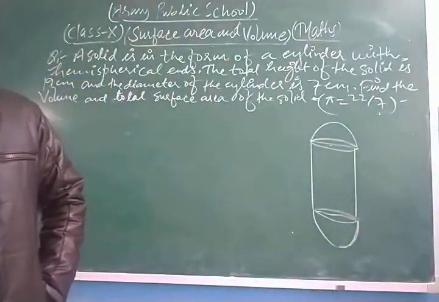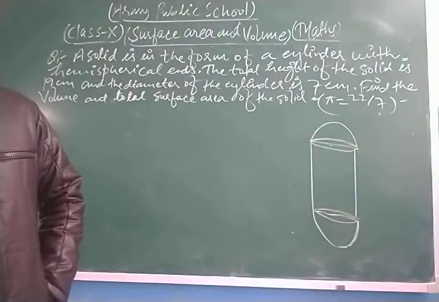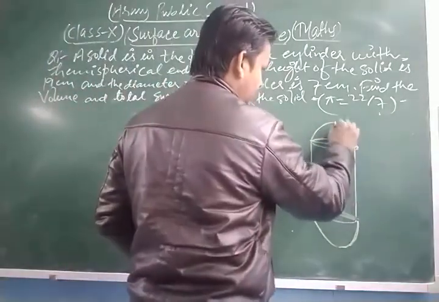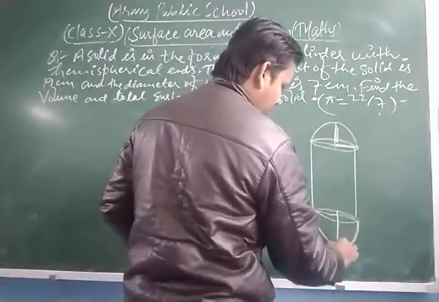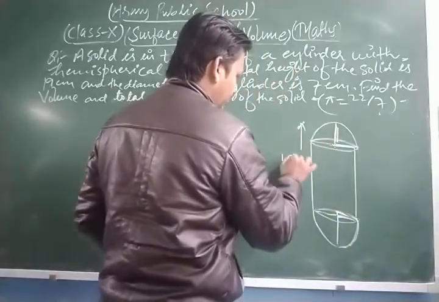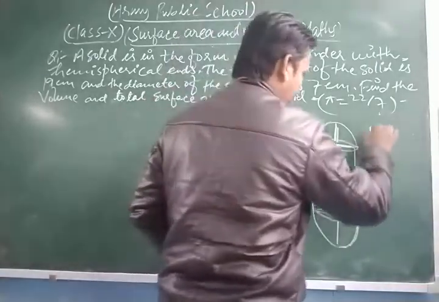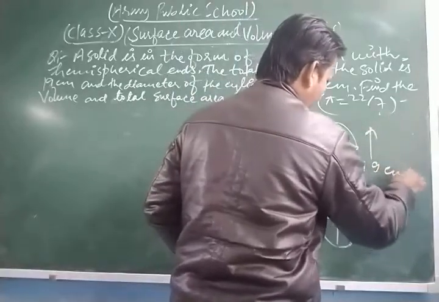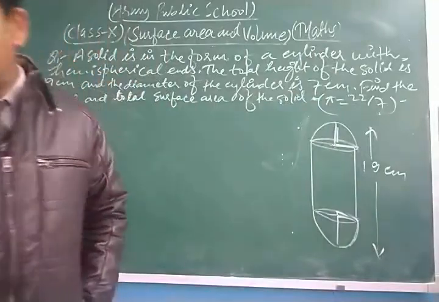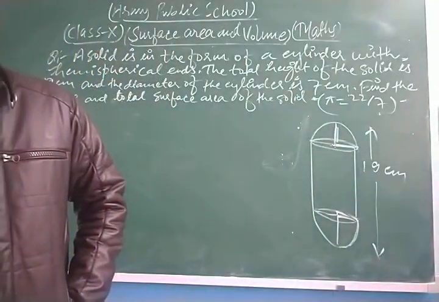Now the total height of the solid is 19 centimeter. This one and this one together make the total height of the solid, which is 19 centimeter.